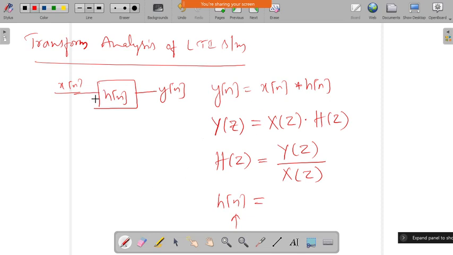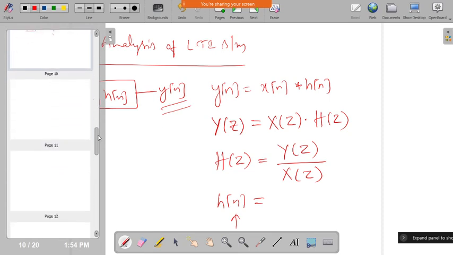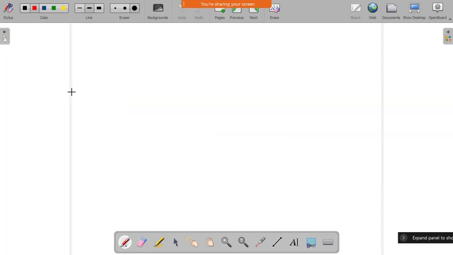Now, we can see some problems: if I know the input signal x(n) and y(n), how to find the impulse response, that is, by finding the Z transform and taking the inverse Z transform, we will get the impulse response of the system in the time domain. So we can take one or two problems on how to find the impulse response of the system.